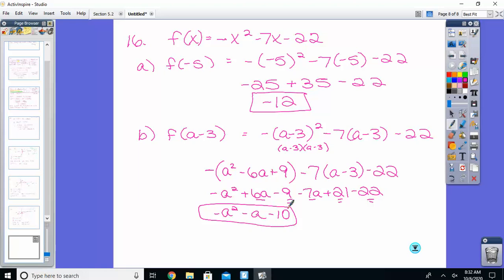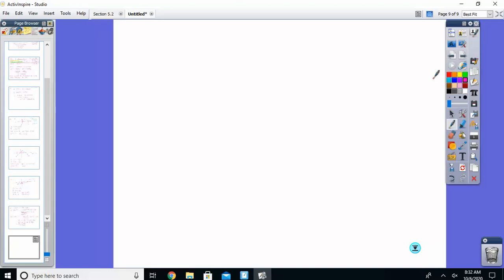That one look okay? Alright. Then let's go to the next page. So this is 7 through 13. Which one do you want to talk about? 7 through number 10.